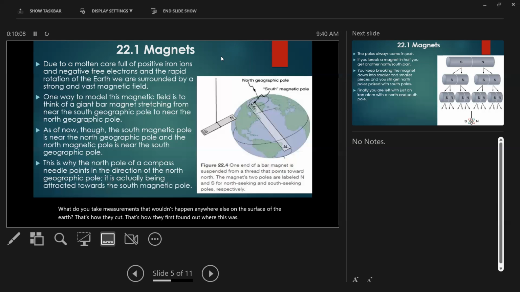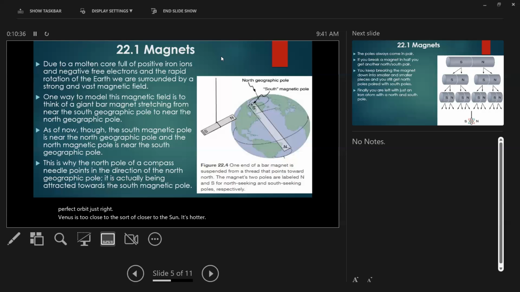Okay, so due to the molten core full of positive iron ions and negative free electrons and the rapid rotation of the Earth, we are surrounded by a strong and vast magnetic field. Now let's take our two nearest neighbors. We are in what's called the Goldilocks orbit, meaning that we are in the perfect orbit, just right. Venus is closer to the sun. It's hot.